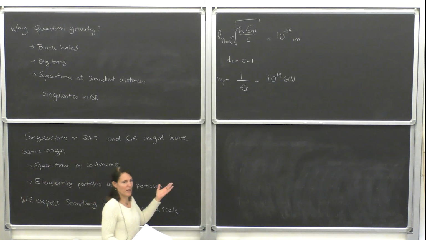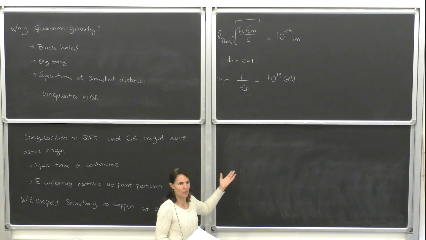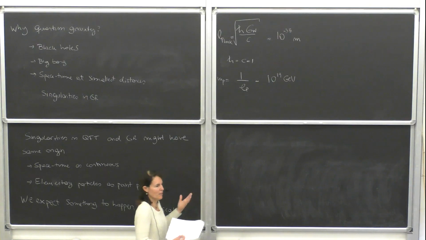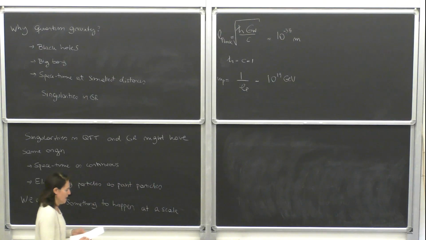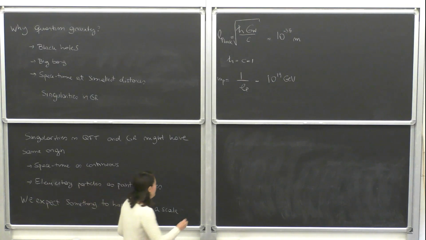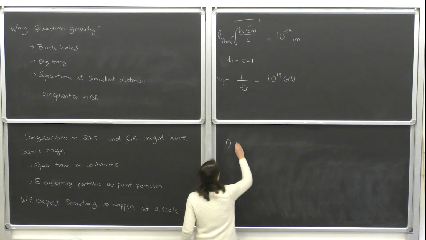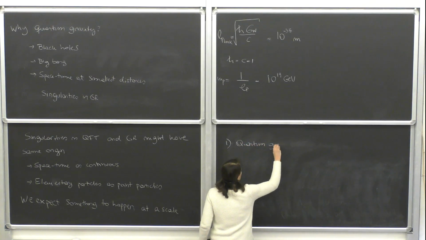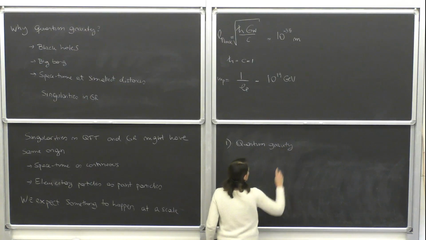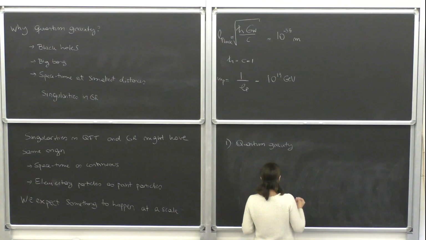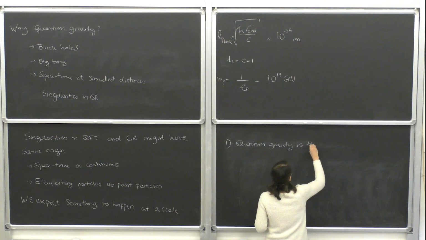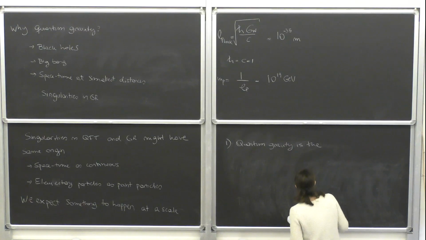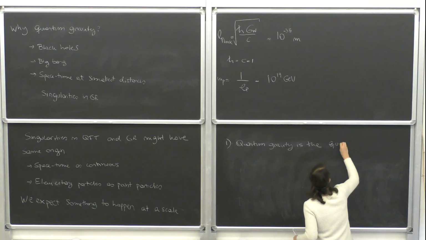That's a bad way to go. Maybe one just has to quantize it non-perturbatively or just differently. And so that's one: that quantum gravity is the quantization of Einstein gravity, but done differently.